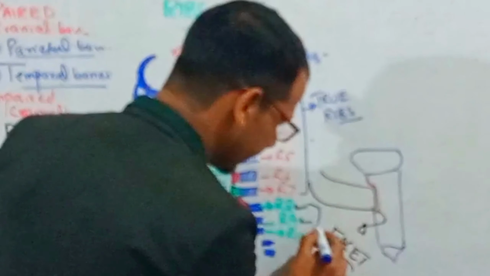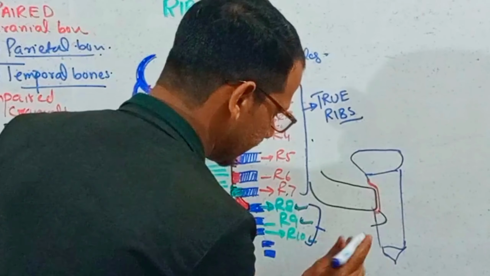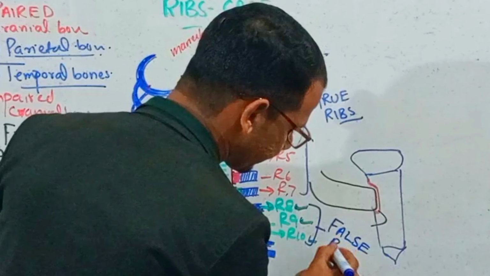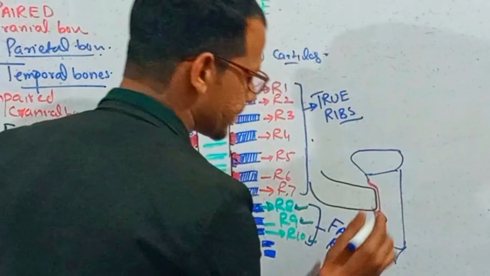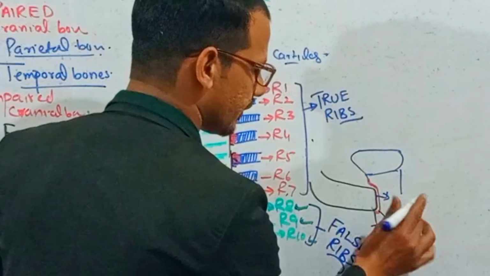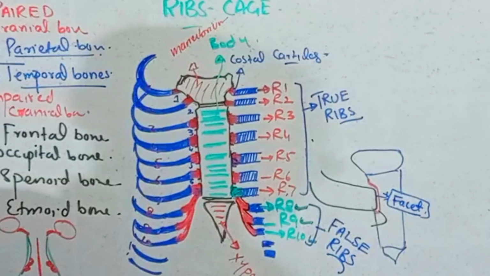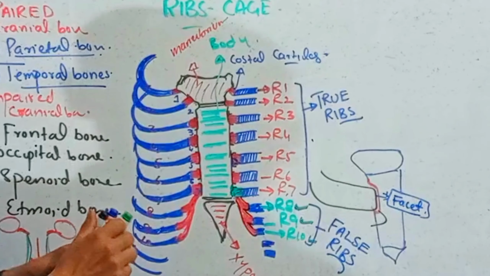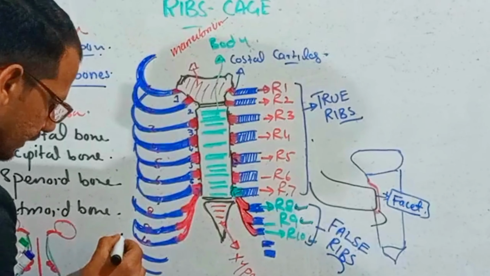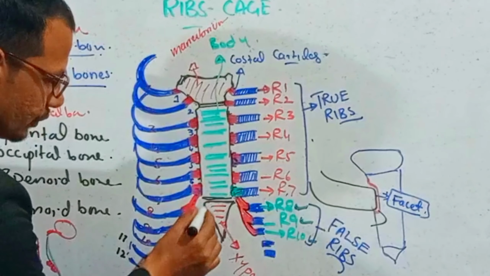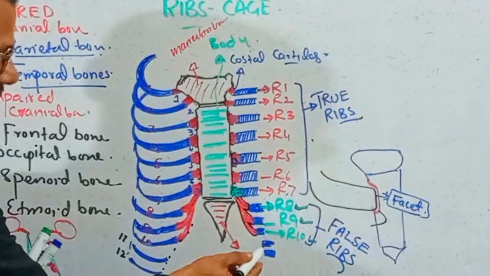So R8, R9, and R10 are called false ribs, right? And this is the facet, right? The next 2 ribs, 11 and 12, are not attached to the sternum; they are ending blindly.